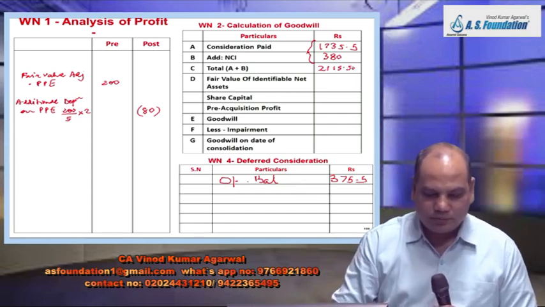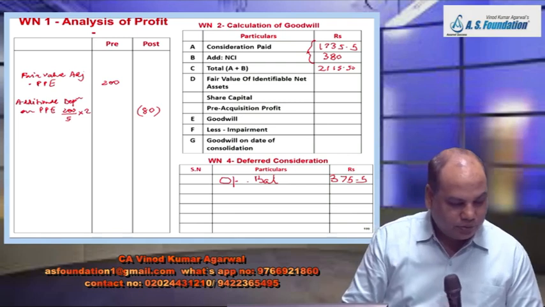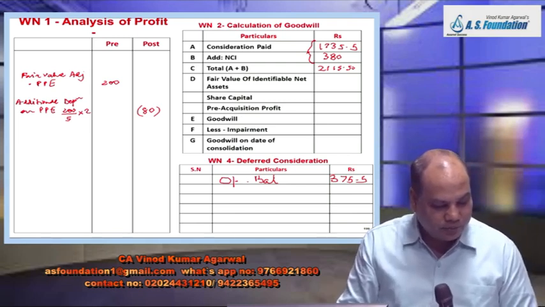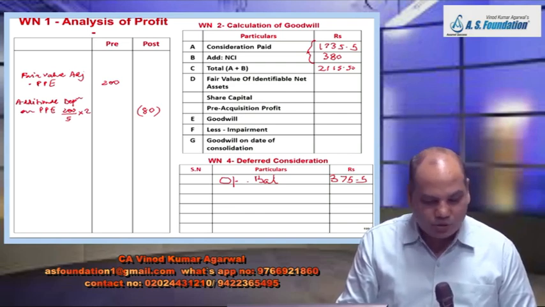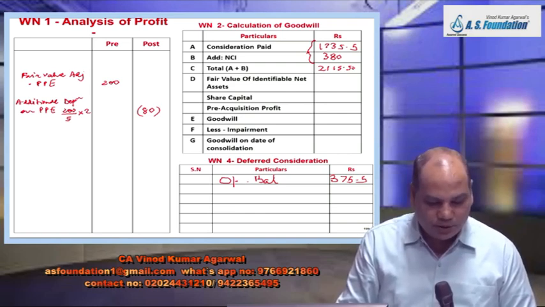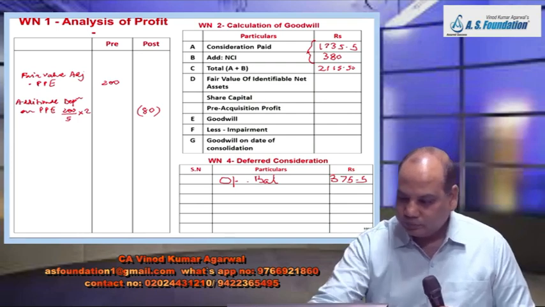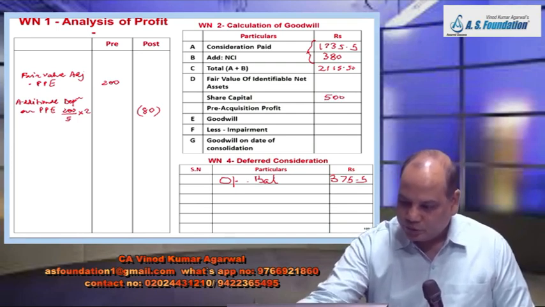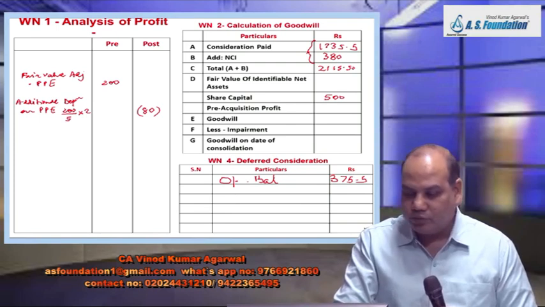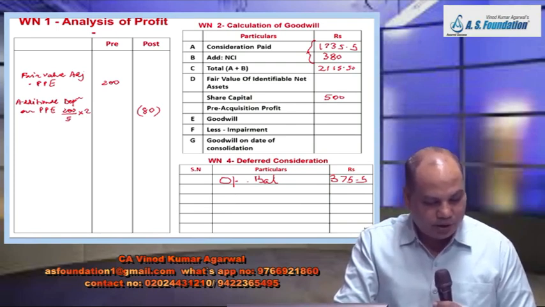Okay, keep it here. So this is your share capital of parent, retained earning of parent. What about share capital of subsidiary? 500 in the goodwill working note. 500. And retained earning of subsidiary.